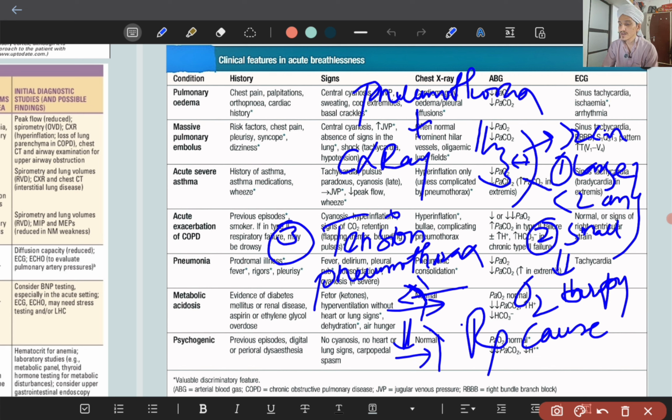So continuously there will be accumulation of air in the pleural cavity.